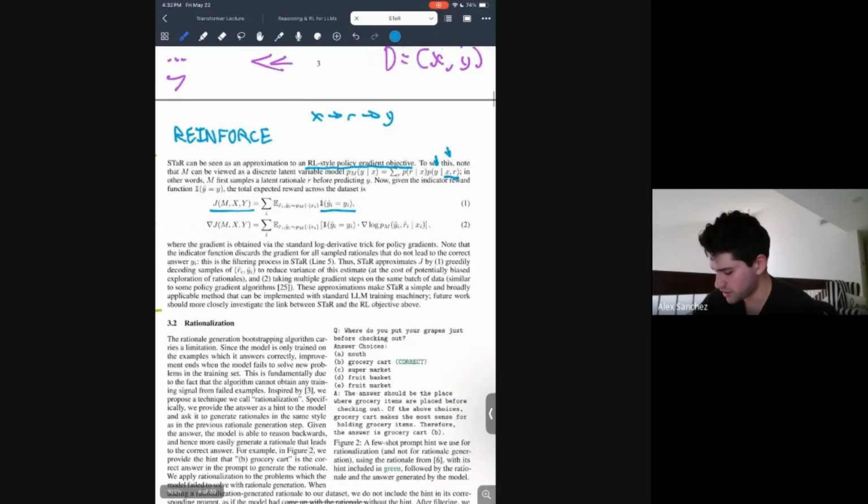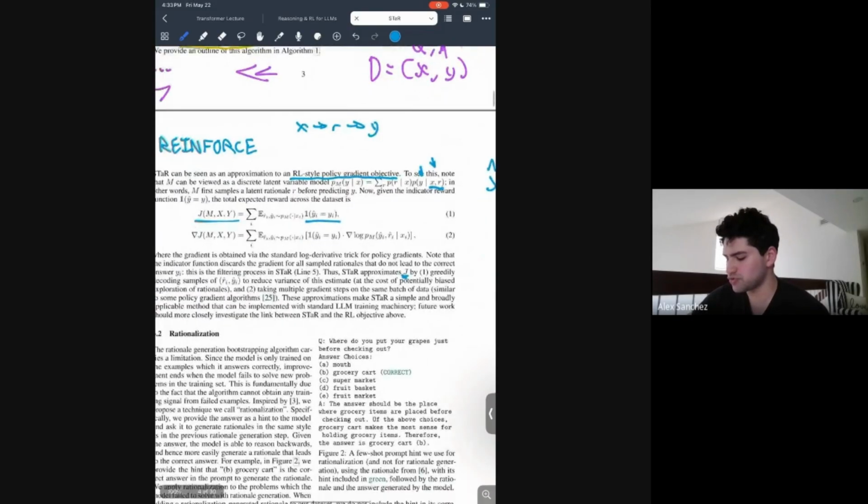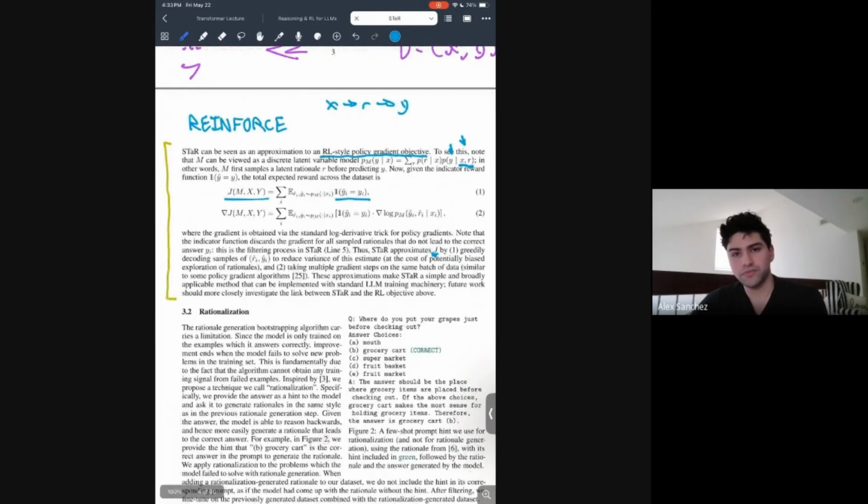Let's read this here. STaR approximates J by greedily decoding samples of R hat and Y hat to reduce the variance of this estimate. When they say greedily, they basically choose the rationale that led to an answer, given that the answer was correct. So they're greedily just picking: if the answer was correct, we're going to use this reasoning to update our model.